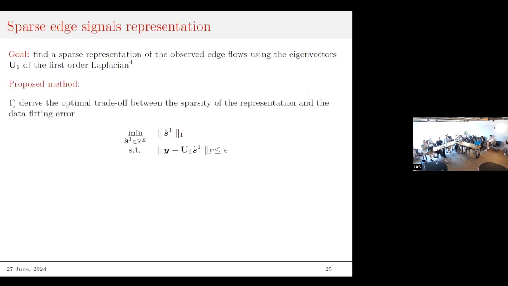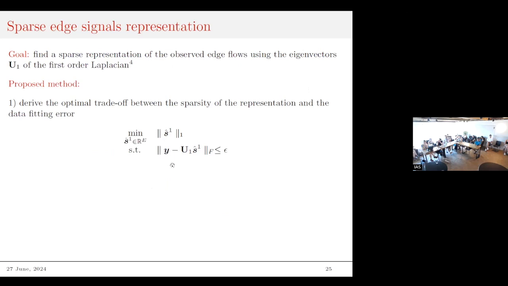Well, when we have found the topology, we can also find a sparse representation of the observed edge flow using the eigenvectors of the Hodge Laplacian. And to find this sparse representation, I observe the signal y over the edges of the inferred cell complex.